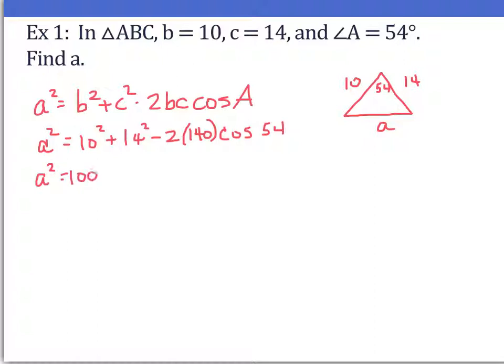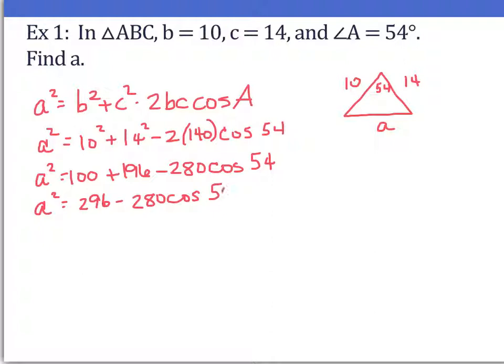So we can go ahead and evaluate these. Start our simplifying process. There's no need to round cosine 54 because we can just put that into the calculator, and we are going to do that in just a moment. So that gives me 296 minus 280 cosine 54. Now because the 280 is multiplied by cosine 54, you can't just simply subtract that from 296.